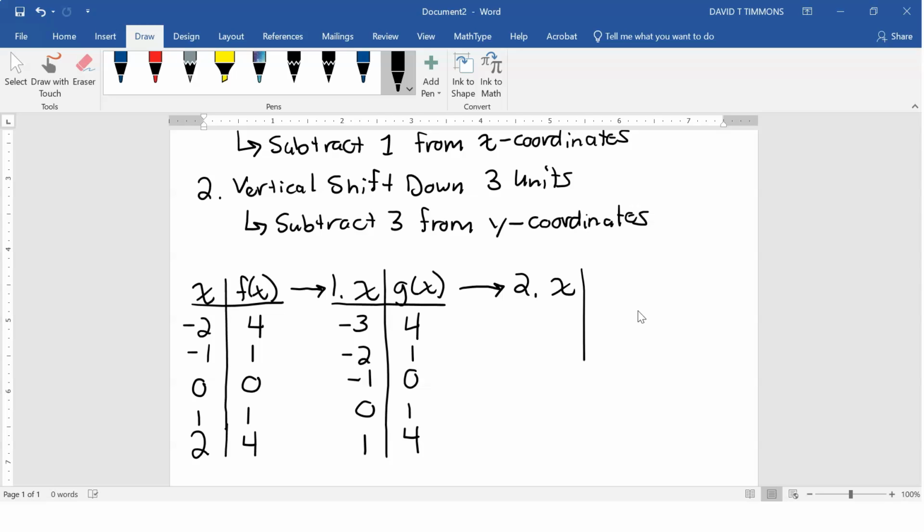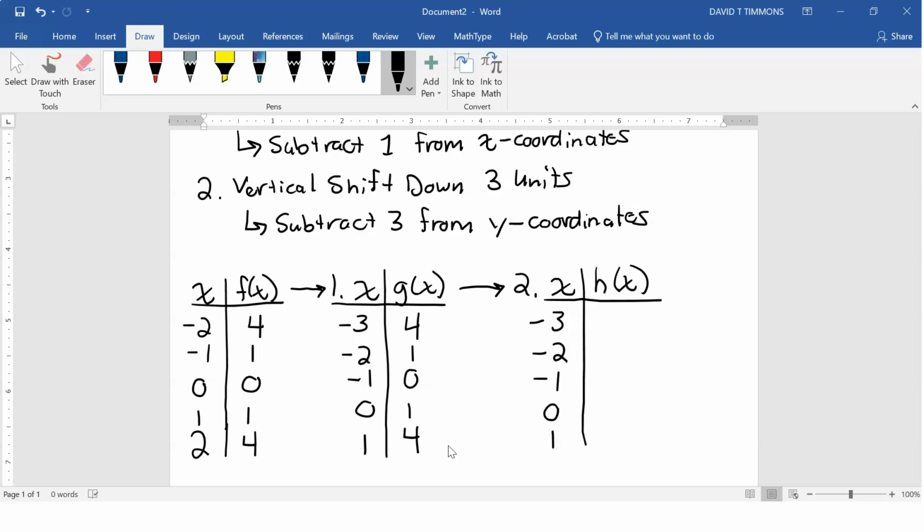And now let's do the second transformation. And I'll call this x. And I believe their final function was h of x. So we'll use that letter. And now we're going to have a vertical shift down 3 units. We're going to manipulate the y coordinates. So again, I can just copy the x values. We're not going to change those. So let me copy that column down. Minus 3, minus 2, minus 1, 0, and 1.